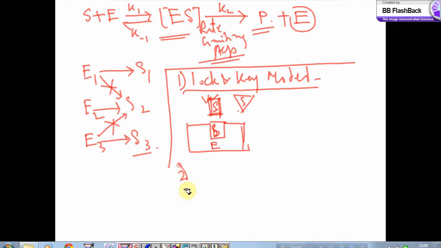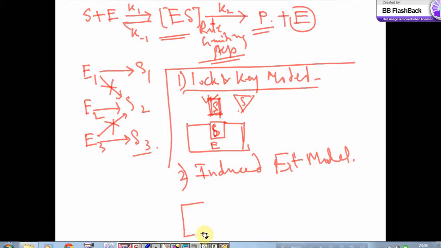In case of the induced fit model, which is the second proposed model, it states that the enzyme is in some kind of a form and the substrate is there.